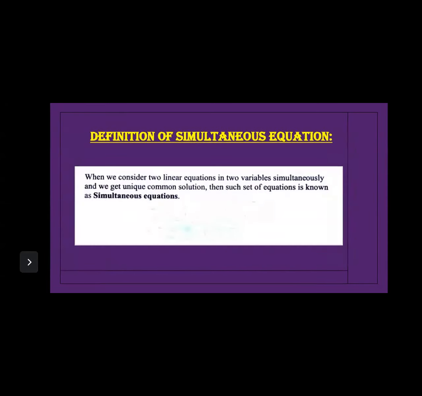So when we consider two linear equations in two variables simultaneously, simultaneously means together, ek saath, and we get a unique common solution, then such a set of equations is known as simultaneous equations.